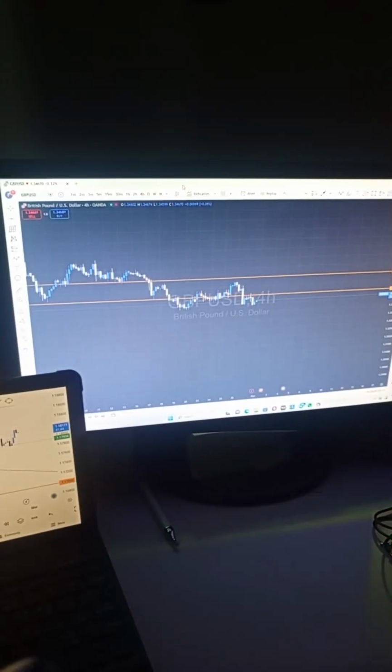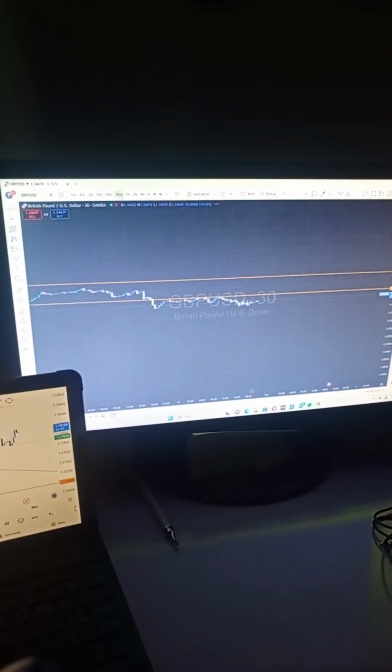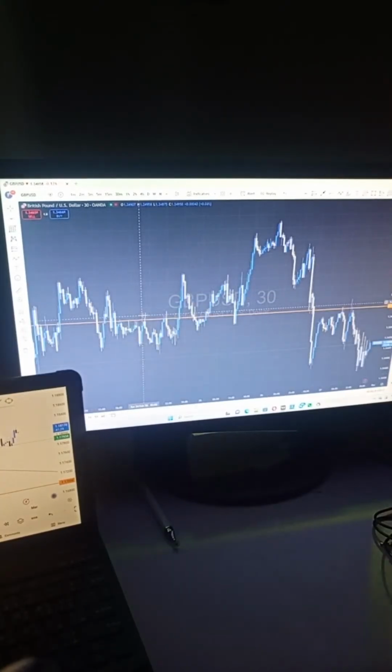And now we've marked out these zones on the 4 hours time frame. I want us to go down to the 30 minutes time frame to see how you can spot entries and make money from these levels. Yes, it's very easy and you'll enjoy it. So this is the 30 minutes time frame.